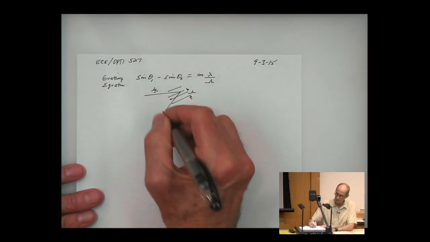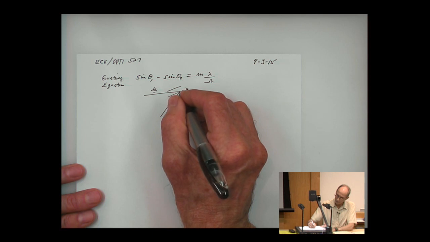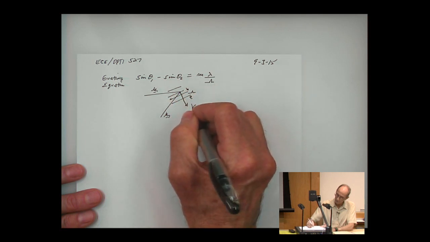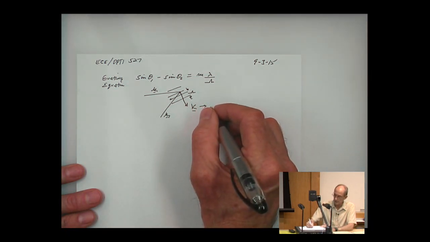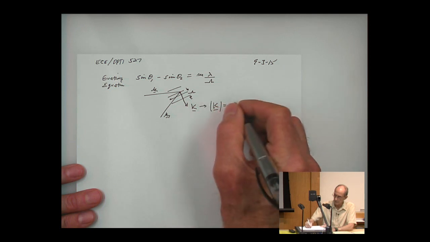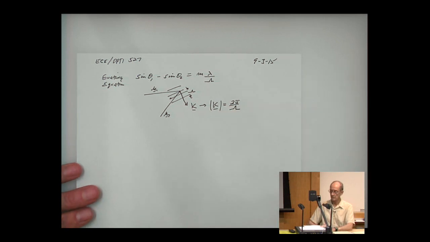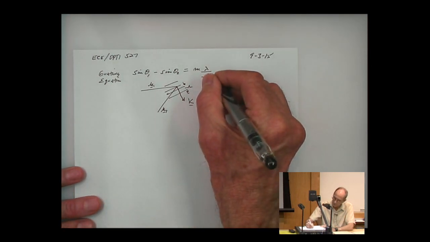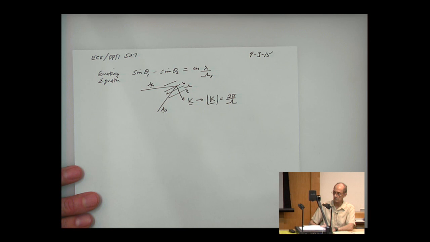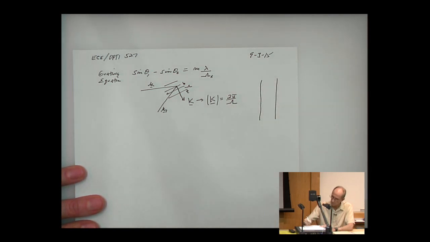So here's K1 and K2, but we can also specify a grating vector K, and that grating vector has a magnitude equal to 2 pi over the volumetric period of that grating. This one here is the tangential or surface grating component, and so those are different. Although it's a subtle distinction, it's an important one.